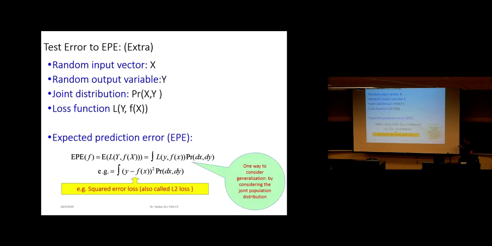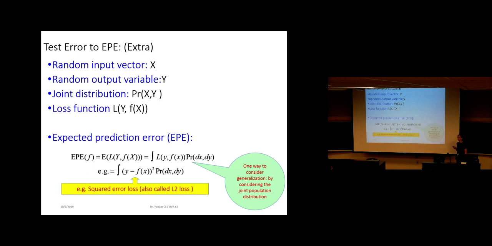So one way to consider generalization is to consider the joint population distribution and then consider the expectation, then minimize the expectation. Minimizing the expectation of this prediction error, considering all the populations, is a good proxy for the future, because I'm considering everything.